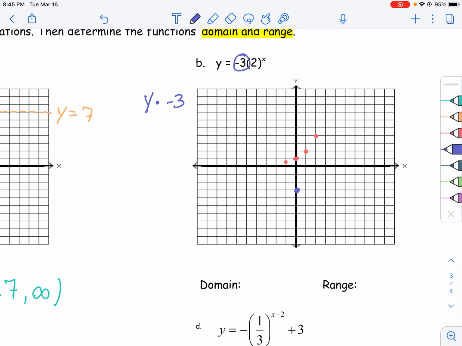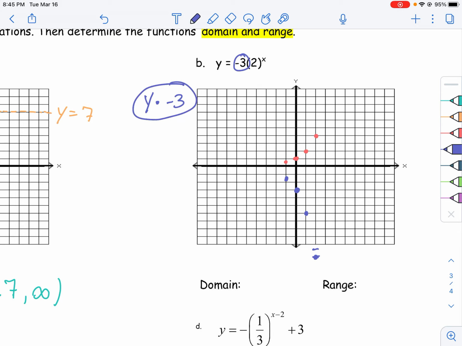So 1, 2, 3 in the negative puts us here. Positive 2 becomes negative 6, so 4, 5, 6 puts us here. And positive 4 would become negative 12, so 7, 8, 9, 10, 11, 12 would put us right here. 1 half is becoming negative 3 halves.